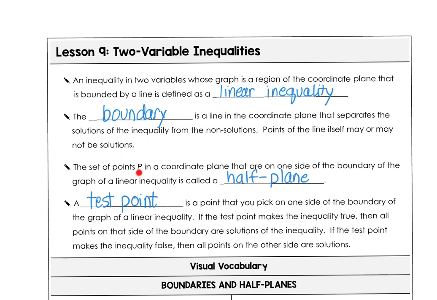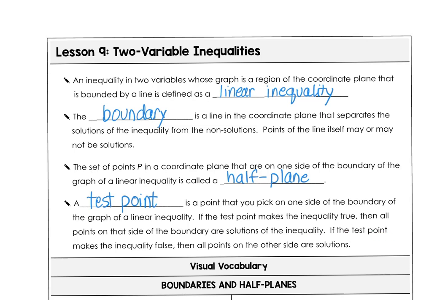And the set of points in a coordinate plane that are on one side of the boundary of the graph is called a half plane. We use a test point. That's a point that you pick on one side of the boundary of the graph of a linear inequality. If the test point makes the inequality true, then all the points on that side of the boundary will be solutions of your inequality.